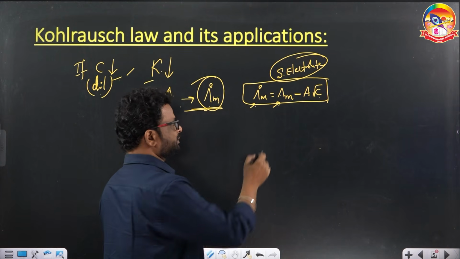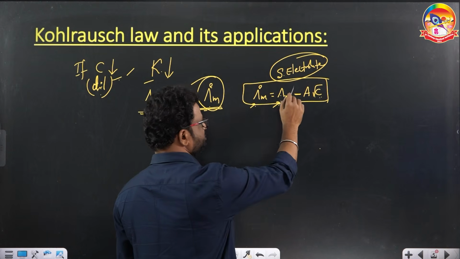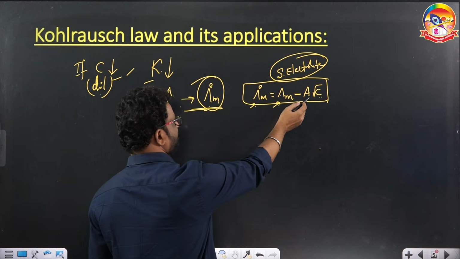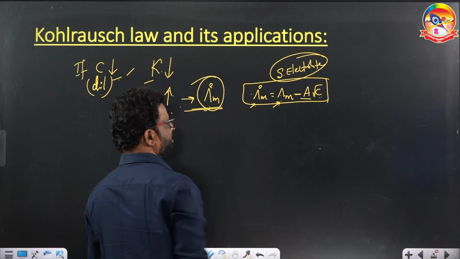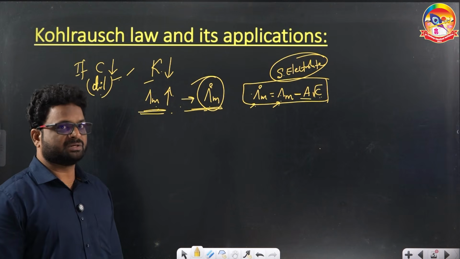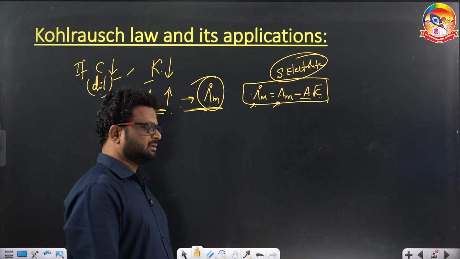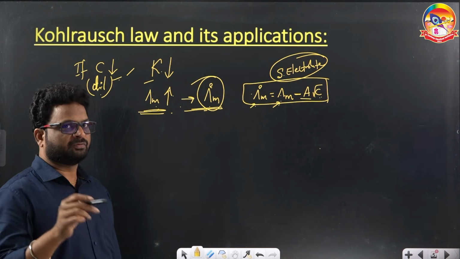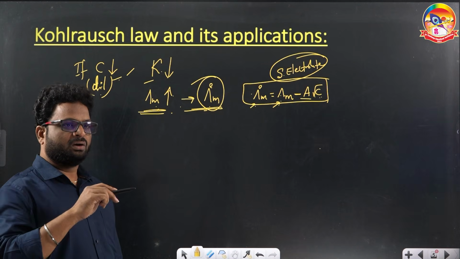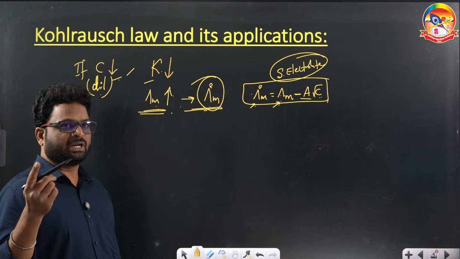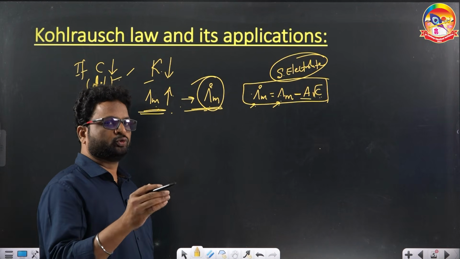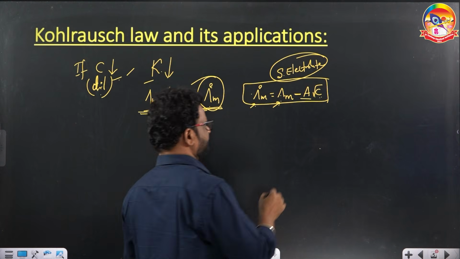When you are provided with two lambda m and C values, you can substitute them in this expression. You can cancel A to get lambda naught m, where A is a constant which depends on type of electrolyte. Like if 1,1 type of electrolyte like NaCl are taken, all those electrolytes of 1,1 type will have same A value. Similarly, 2,2 type will have a particular A value.